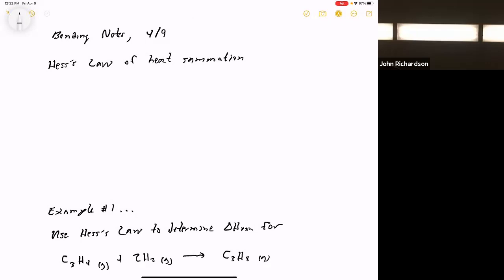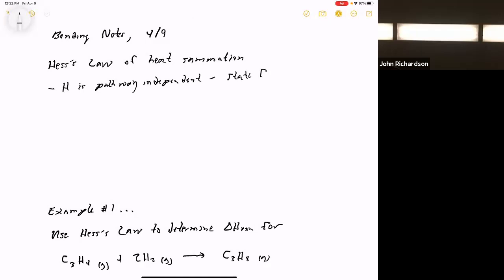So what Hess's law allows us to do is to actually define a pathway. So what you'll remember here is that enthalpy, or H, is pathway independent, right? And we know that because it is a state function.